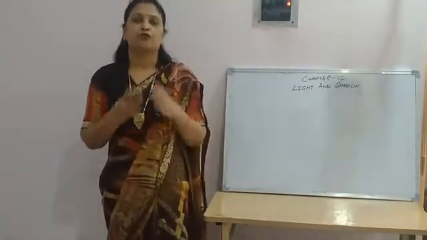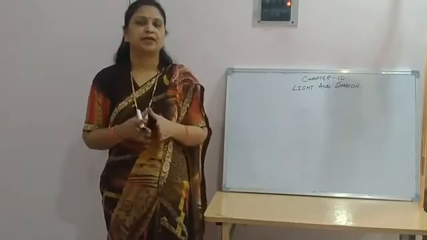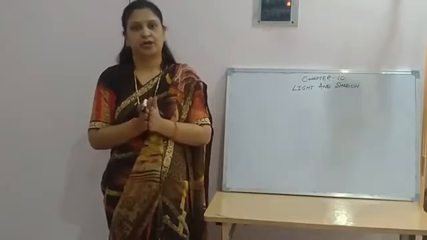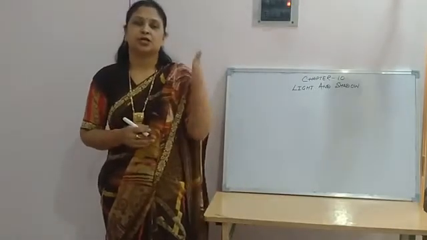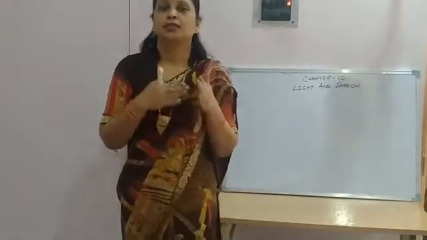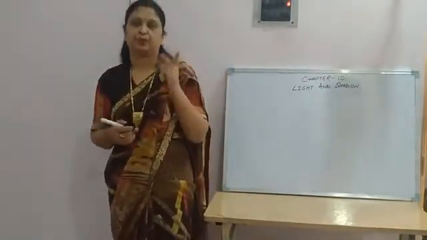Light is a form of energy. Light enables us to see objects, and light travels in a straight line. When any object comes in the way of the light rays, the light reflects.